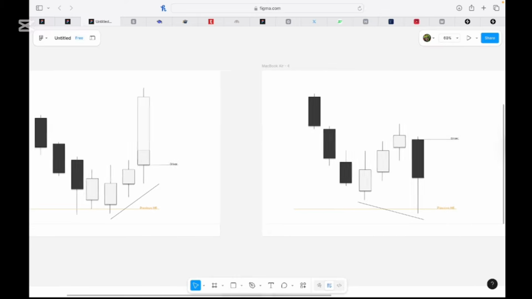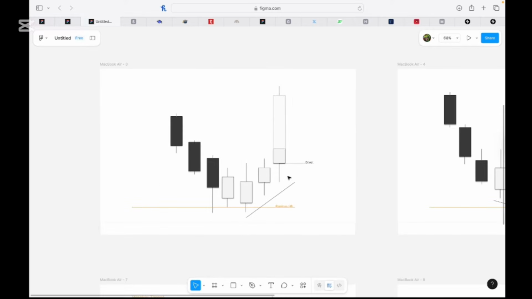Most people right here are going to think that this is low probability since that initial SMT didn't hold. But as we can see on NQ, at the same time at the driver, NQ does not resweep this low right here, and we get a strength switching SMT, which then confirms the upside move.